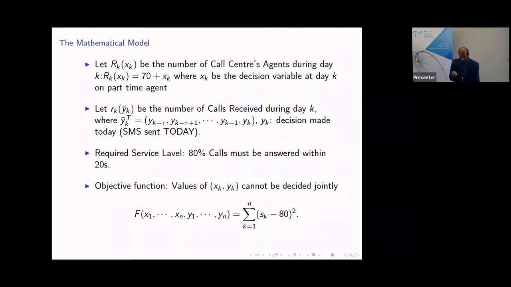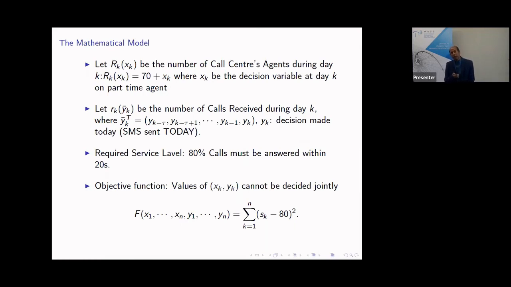Today you need a number of part-timers, but you can't decide today. It's not possible to get these people, so you have to make the decision 3 or 4 days earlier, saying how many you will need. So that's one of the complex issues here.